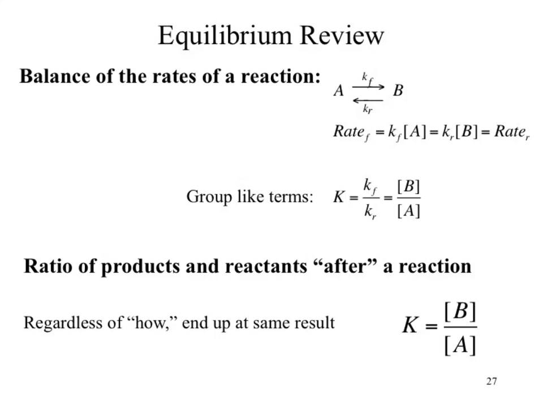You can set that into an expression and start to group values. We can group concentrations, and we can group constants. A constant divided by a constant is a constant. We now have an easier way to look at our equilibrium: an equilibrium constant that's directly related to our concentrations of our products over our reactants.